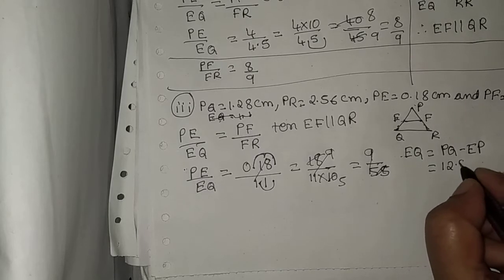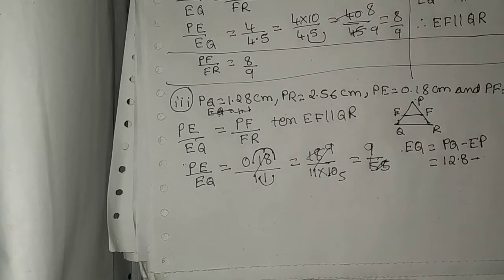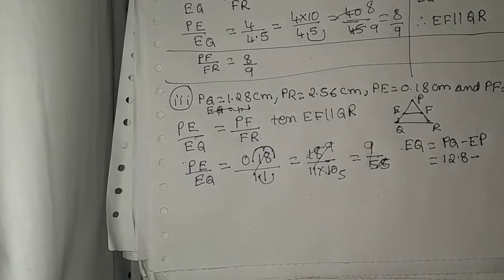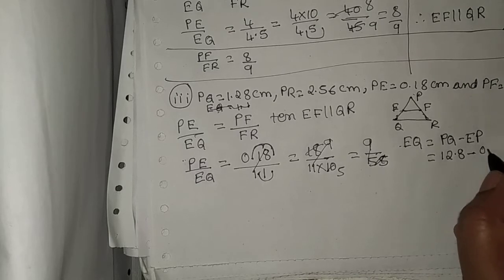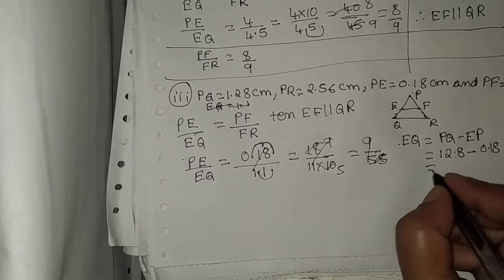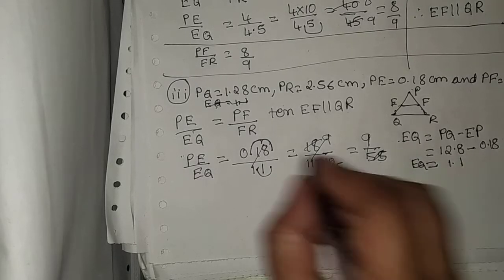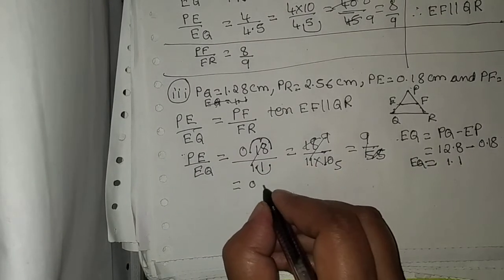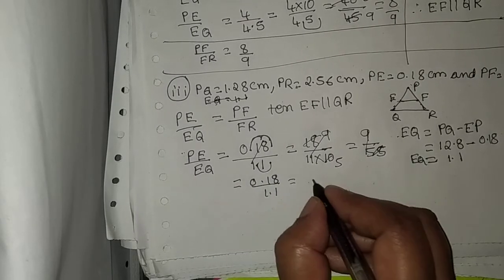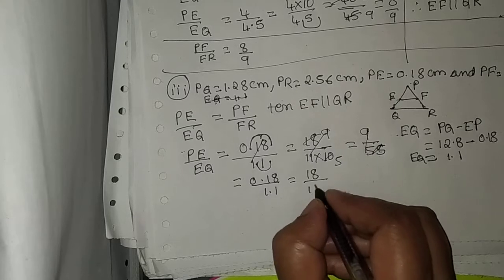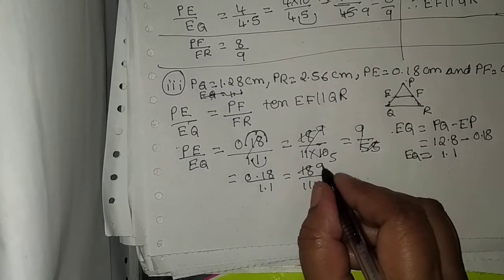What is PQ given? That is 12.1. Since EQ is not given, we have to find out EQ. Therefore 12.8 minus 0.18 equals EQ, which is 1.1. Now we have to substitute here. Therefore 1.8 by 1.1, that is 18 into 11 into 10, that is 9.